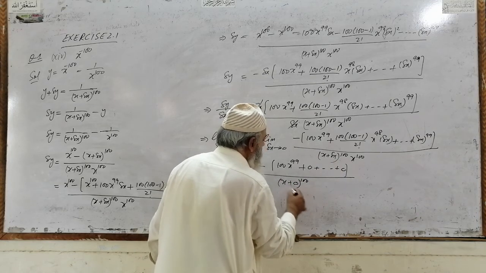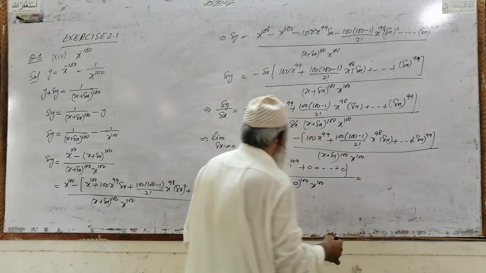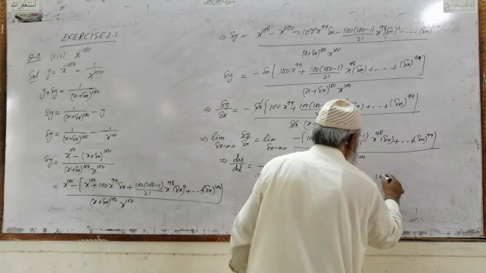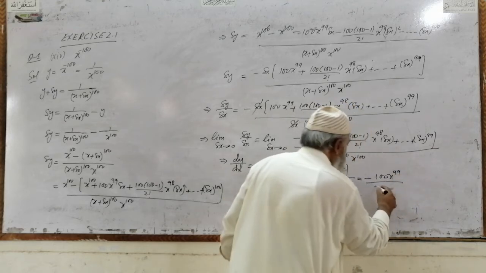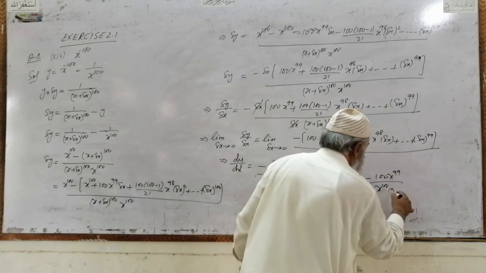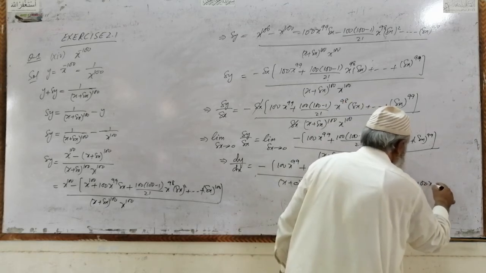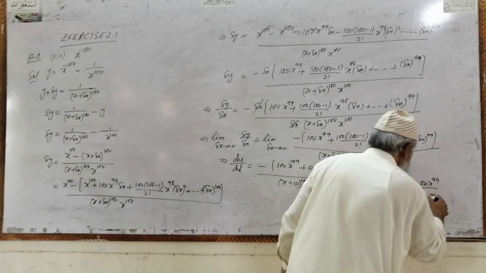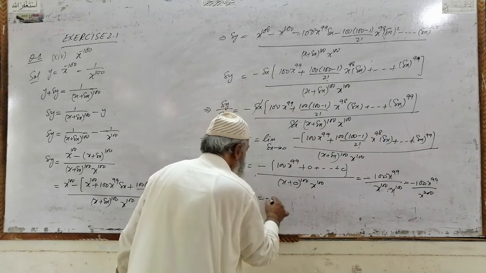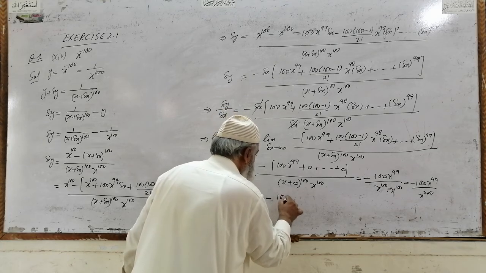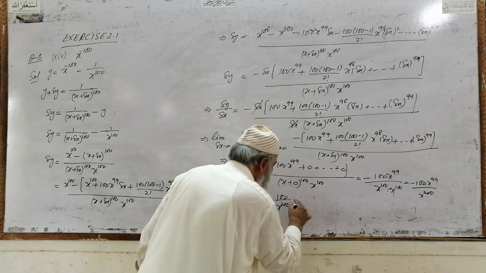This will give you x plus 0 raised to power 100 into x raised to power 100, and now this will give you minus 100 x raised to power 99 divided by x raised to power 100 into x raised to power 100. This will become minus 100 x raised to power 99 divided by x raised to power 200, and this will give you minus 100 over x raised to power 200 minus 99.